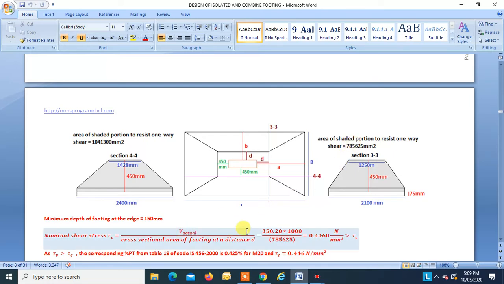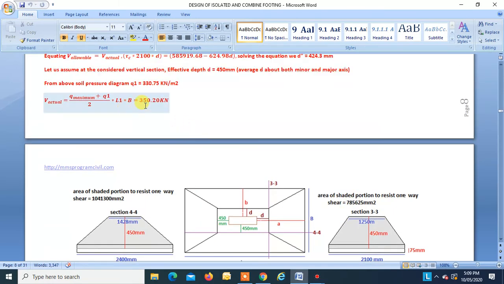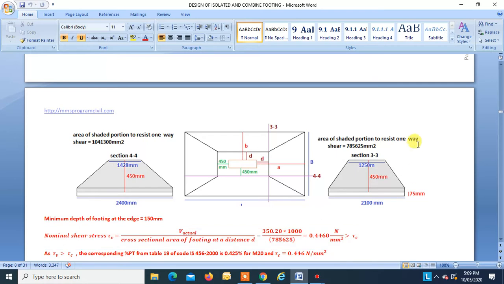V actual is known to us. This into this area, that is equal to 0.446, and our assumed tau c is 0.36. So we found that tau v is greater than tau c, which is not allowable.